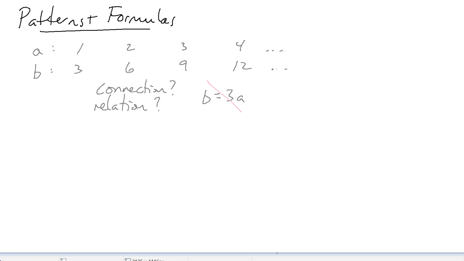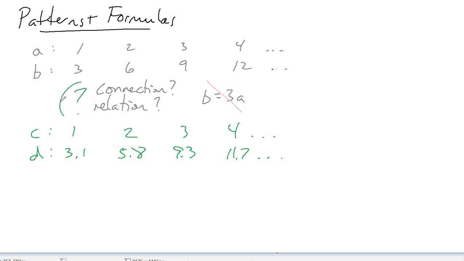The same way if I gave you a different set of numbers, C and D values, and the C values were 1, 2, 3, 4, and my D values were 3.1, 5.8, 9.3, and 11.7. And I asked you the exact same question. What is the relationship between C and D?